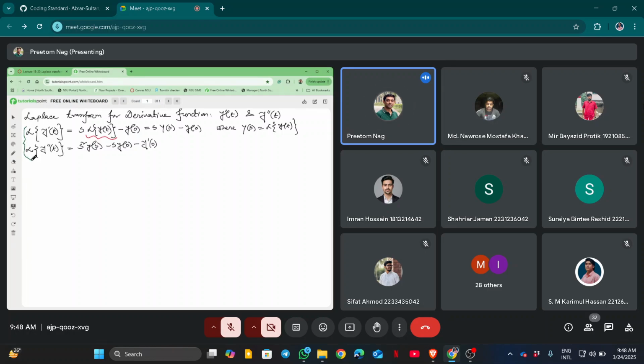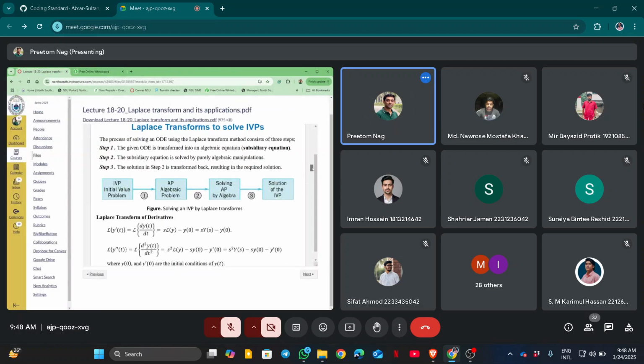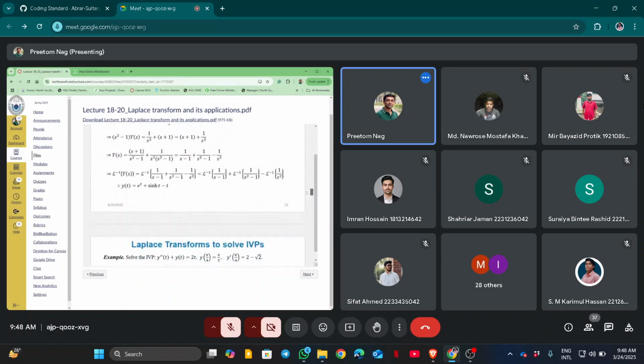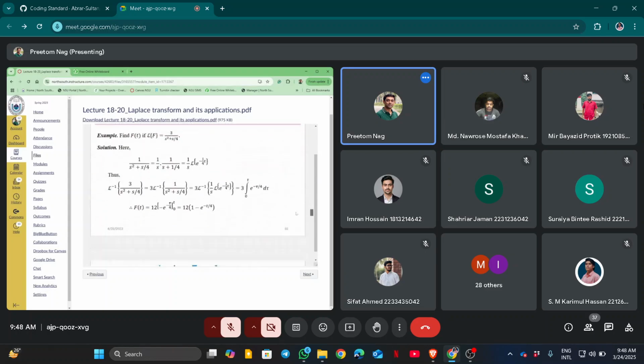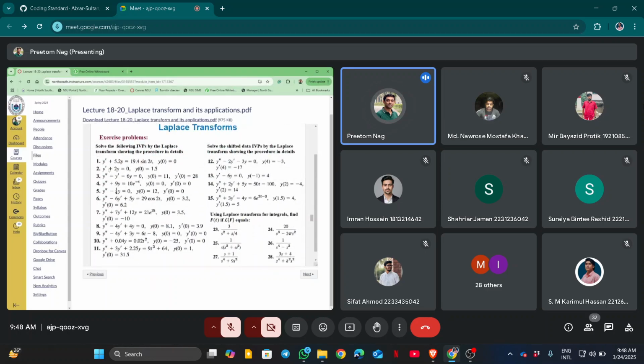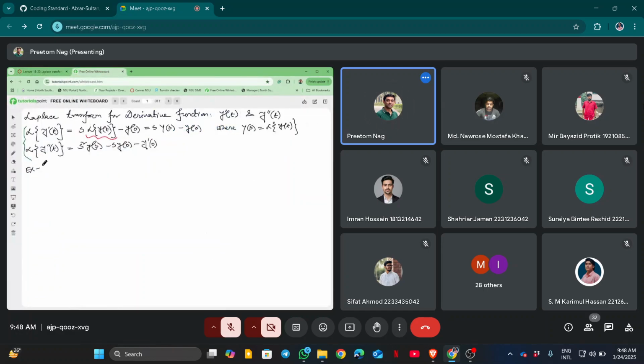So you need to keep these two formulas in your mind while you solve the problem. Okay. Now let us move on to solve the problem. For example, exercise problem number 2.